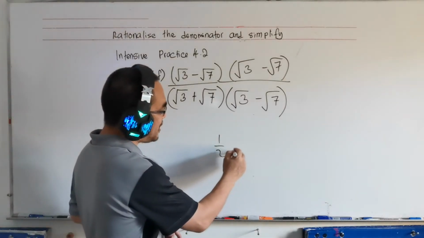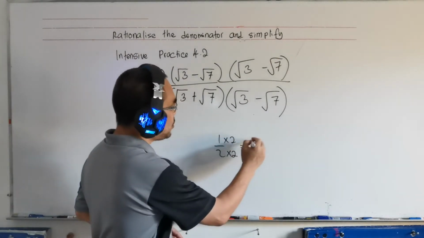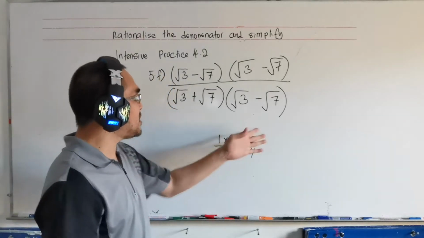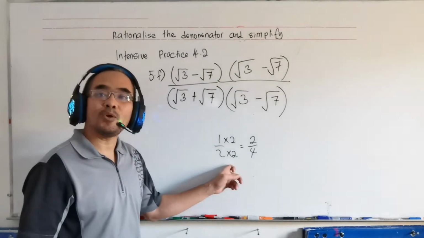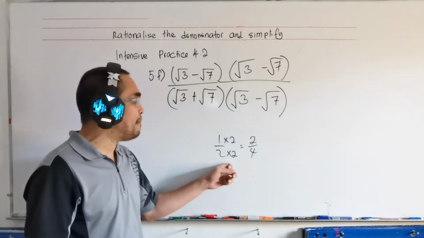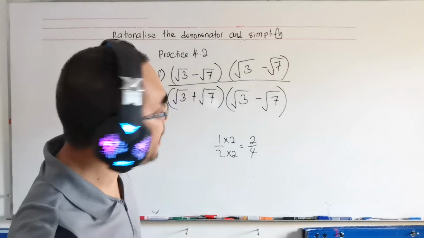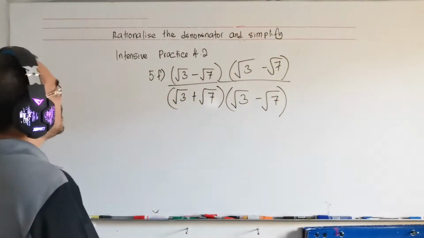You can multiply here with 2, multiply the top with 2, so it becomes 2 over 4. So 1 over 2 is 2 over 4. As long as we multiply with the same number on the numerator and denominator, it's all fine. Alright, so let's continue with our work here.